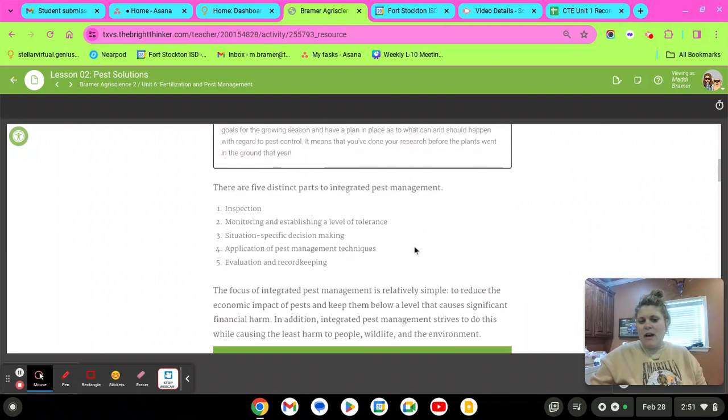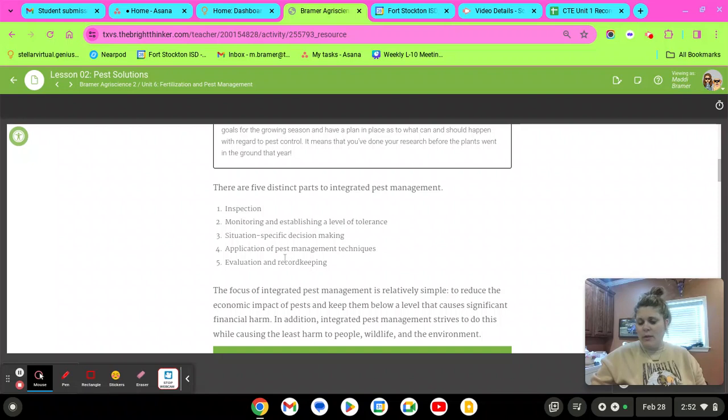So, say you've got squash. We grow squash every year. And we always have squash bugs that attack the squash and they end up killing the plant. So we watch how it kills. As soon as we see the eggs, we know that it's not long before they're going to take over the plant. So we're monitoring it. We may apply Sevin dust, which is a common insecticide, on the plant to deter the pests.